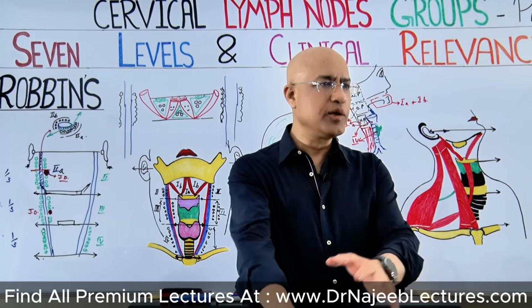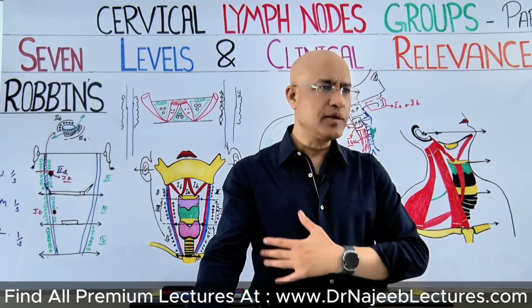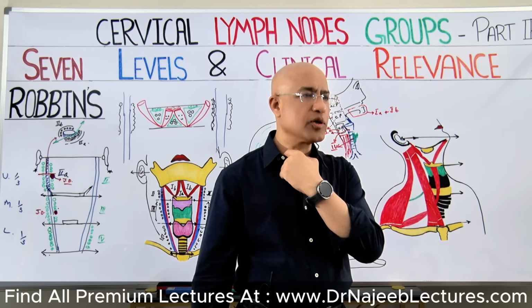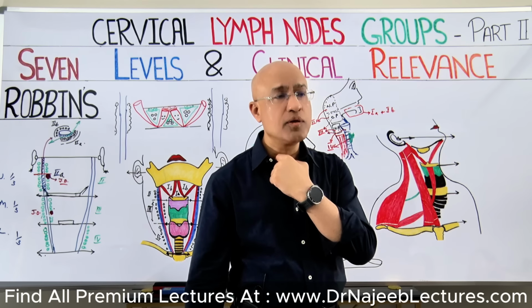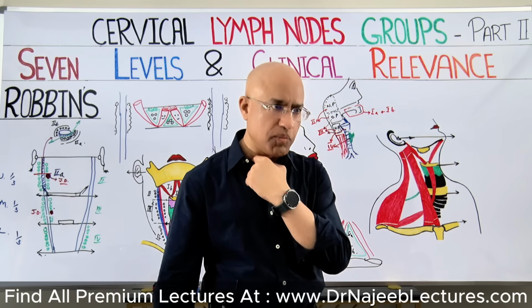The right side mainly drains the right arm, right thorax, and right side of the head and neck eventually, because these lymph nodes will eventually come down to this area, progressive drainage, because here eventually lymph will enter the venous blood at the junction of the subclavian and jugular veins.